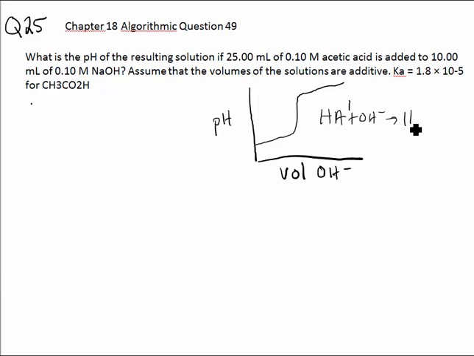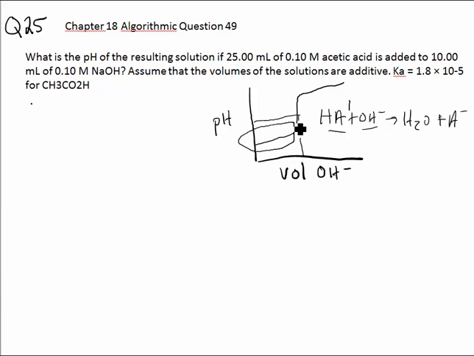It's going to make H2O, and it's going to leave behind the A minus. Now, at the equivalence point, we've already talked about that. That is where we've added exactly the same number of moles of OH minus as we have HA. That'll occur right here at whatever volume we have to add. And that pH, we already showed, because of the presence only of that A minus, is going to be greater than 7. It's going to be basic.